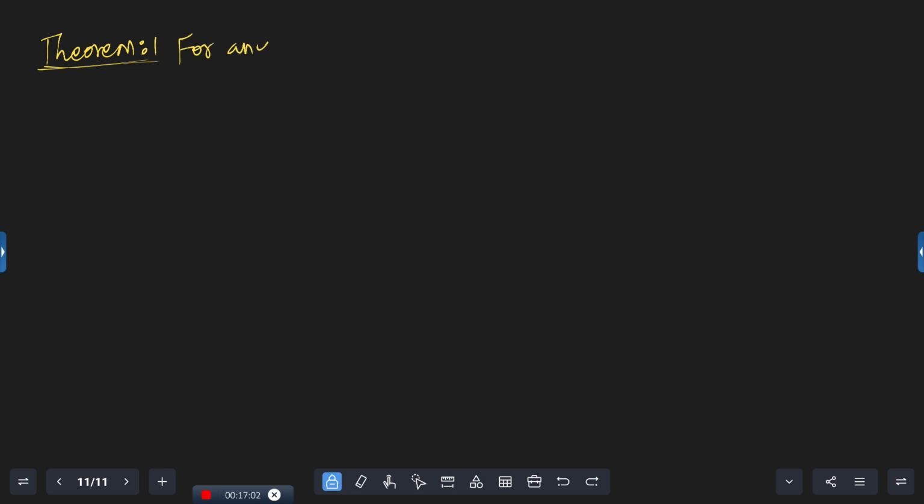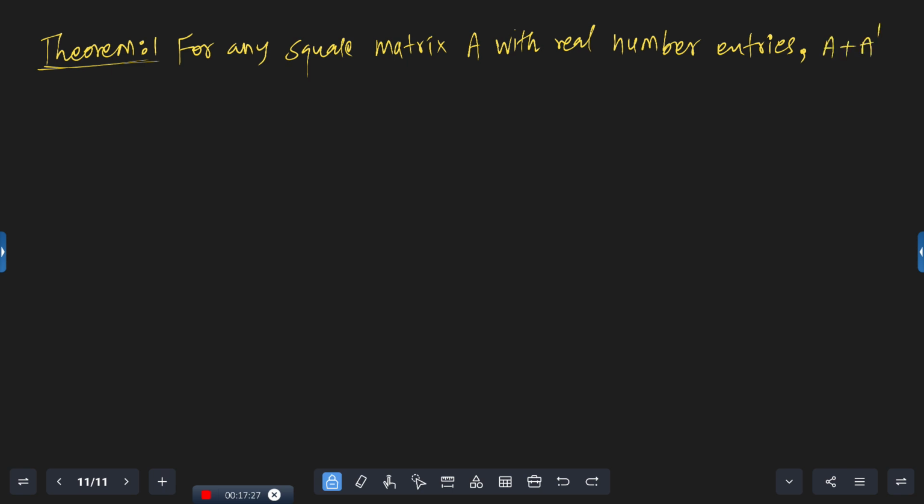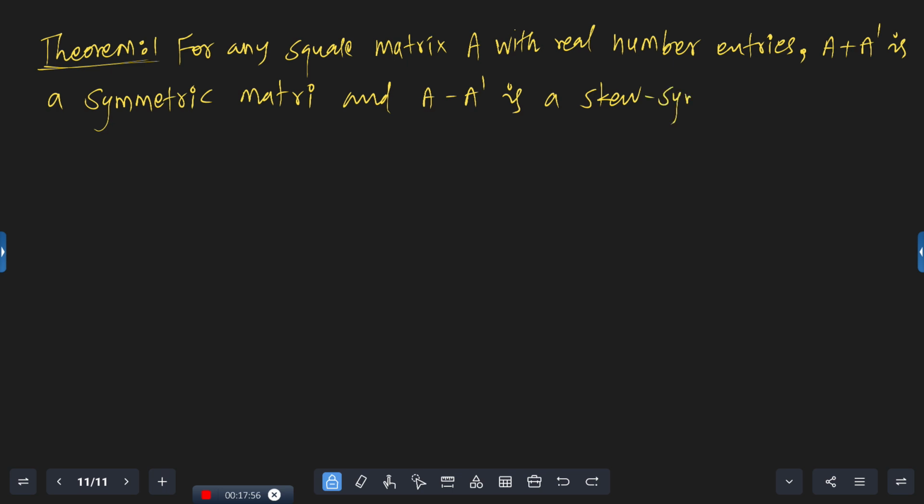For any square matrix A with real number entries, A plus A dash is a symmetric matrix, and A minus A dash is a skew symmetric matrix. Okay, very important.